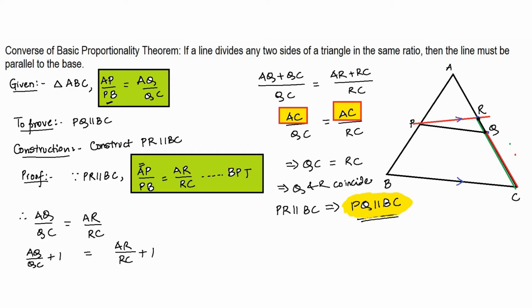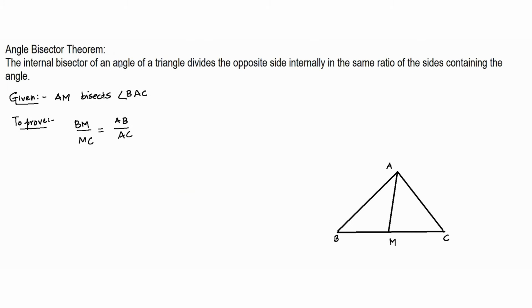Let us now prove the angle bisector theorem. Let us state it. The internal bisector of an angle of a triangle. So we have drawn the angle bisector, which means that angle A gets divided into two equal parts. The internal bisector of an angle divides the opposite side. Opposite side is BC.